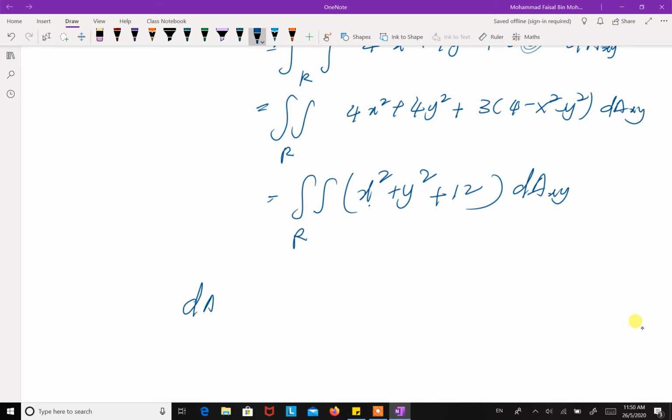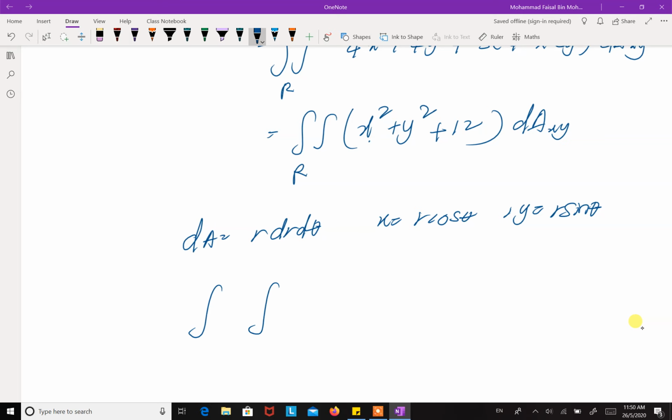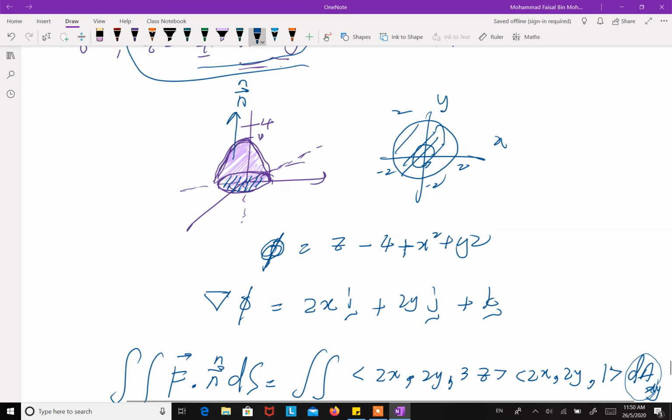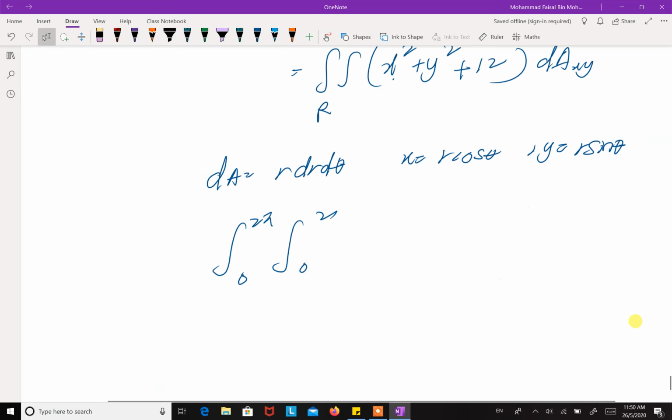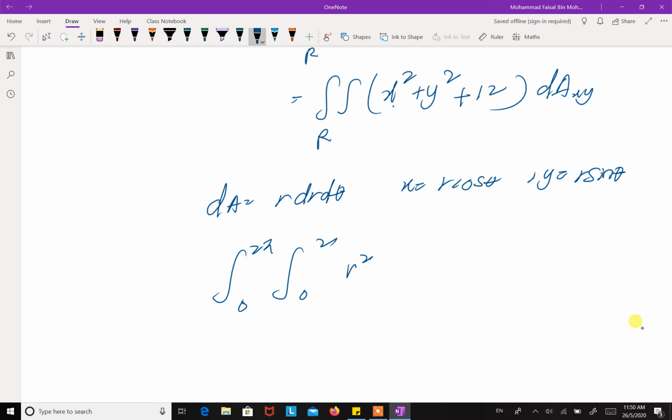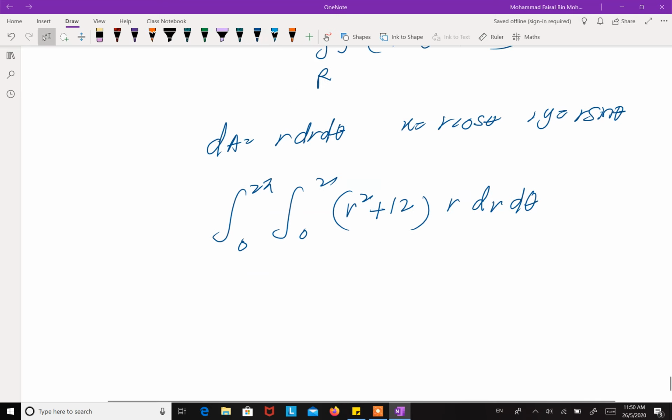So your dA will be r dr d theta, x equals r cos theta, y equals r sin theta. So the radius is 0 to 2, and theta 0 to 2 pi, because of the circle. And then we have r squared plus 12, times r. Try to do it by yourself. I just simplify it for you, and then integrate this, you will get 56 pi.